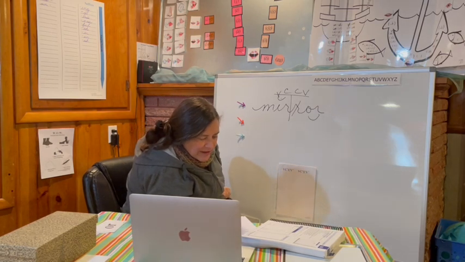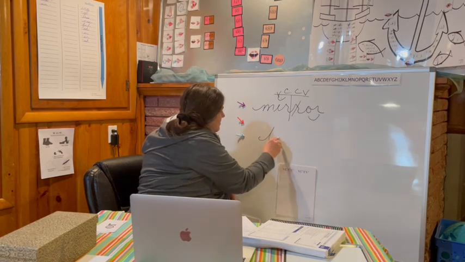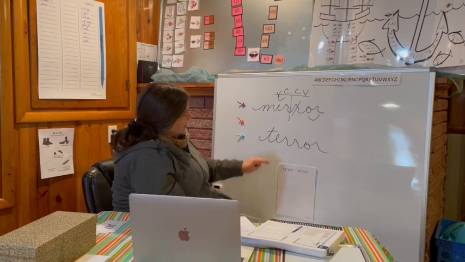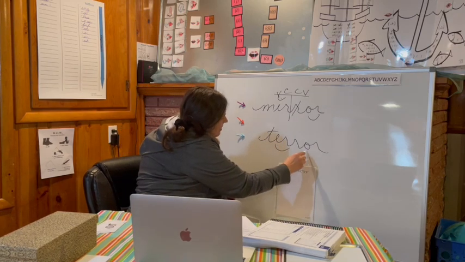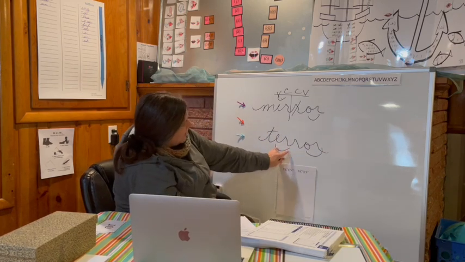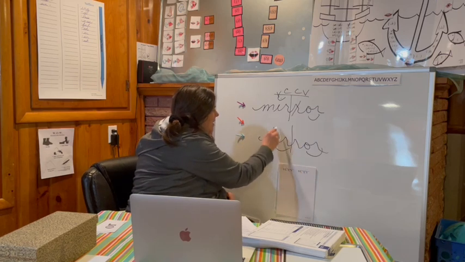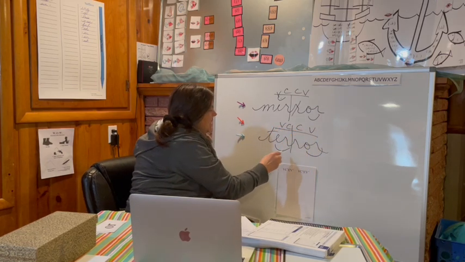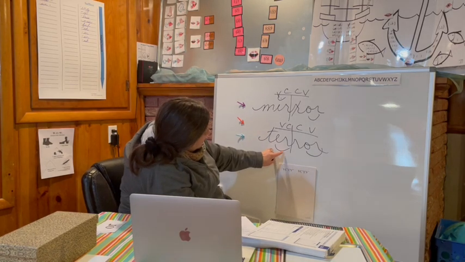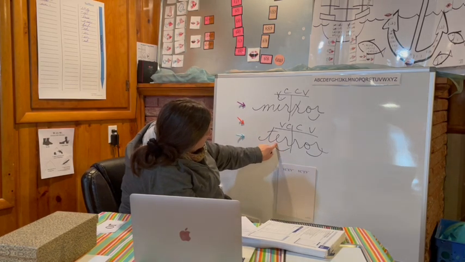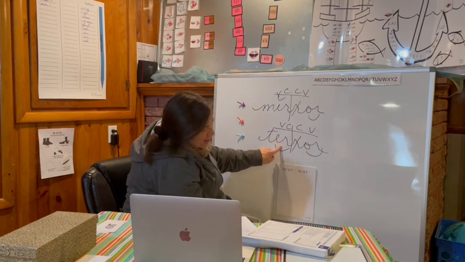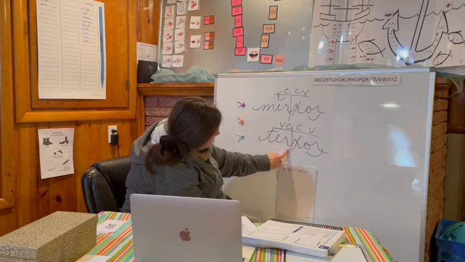There's one more word on this page, number 8. Terror. Now, if I arc my combinations, and I divide, and mark vowel control, vowel, consonant, consonant, vowel. So I notice ER and then another R. That R is going to unlock this combination. So it's not a combination R anymore.